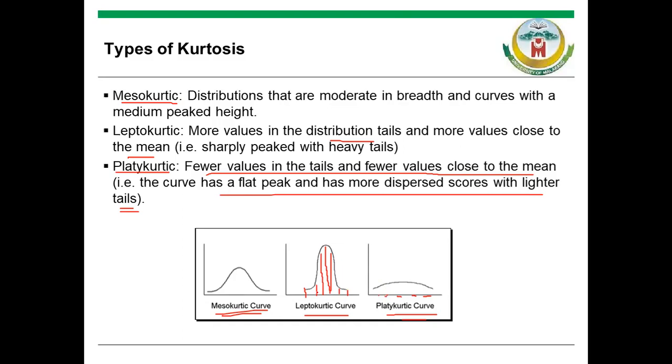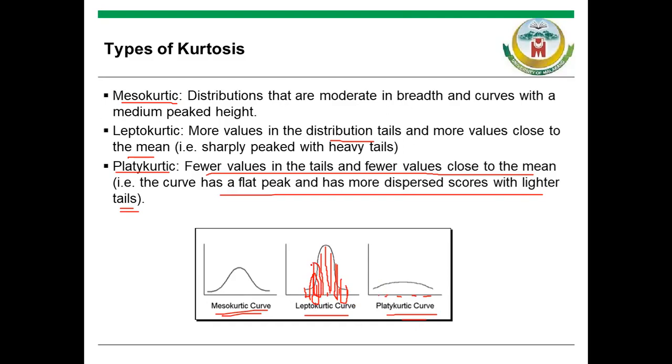But when we look at the leptocurtic curve, most of the values are either at the mean value or close to the mean value and close to the tail, but at these locations there are few values.